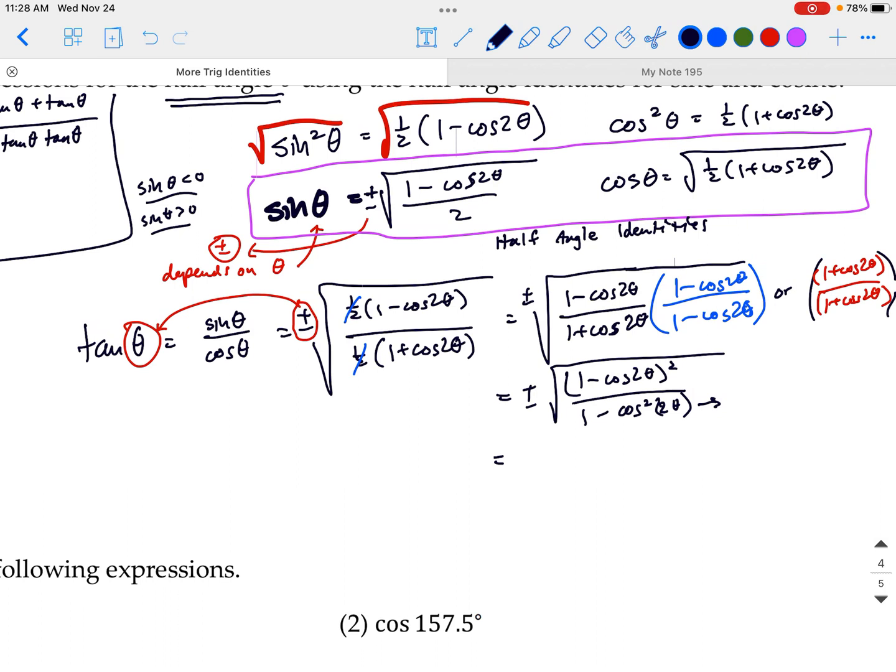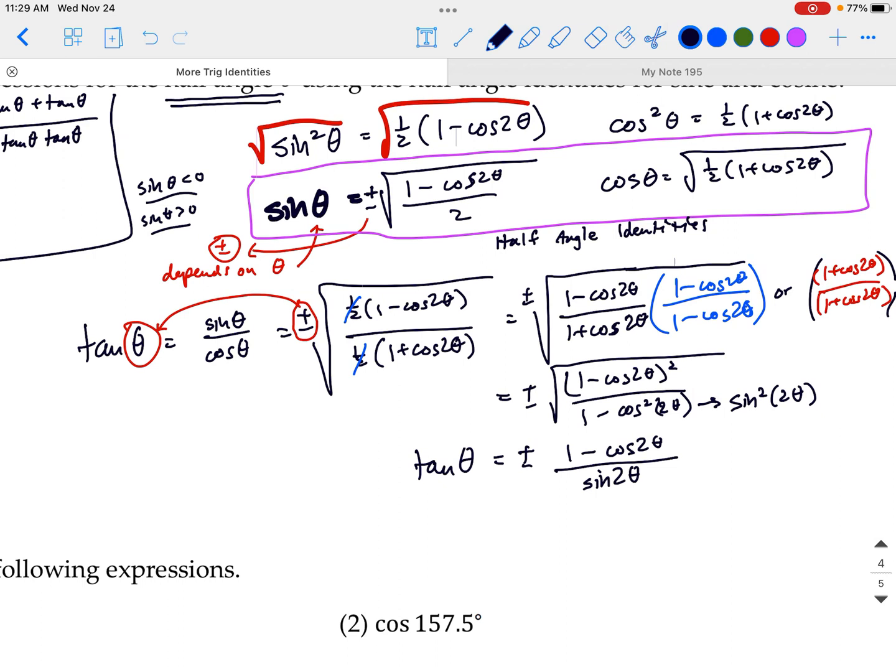So we'll note that 1 minus cosine squared 2 theta is the same as sine squared 2 theta, since that's just the Pythagorean identity for 2 theta. So this is going to equal plus or minus on top, the square root will cancel with the square, so we'll just have 1 minus cosine 2 theta. And then on the bottom, the sine squared will cancel with the square root, and we get sine 2 theta.